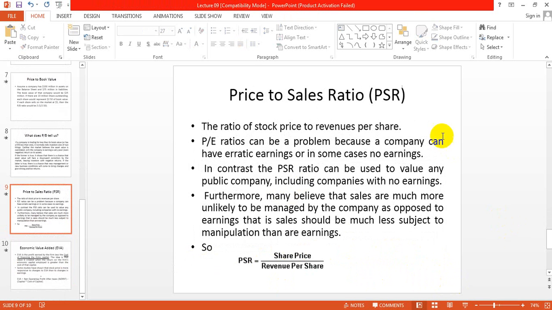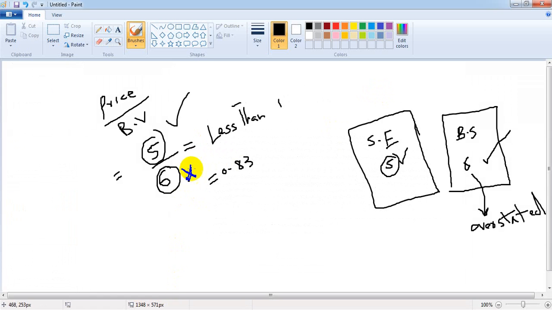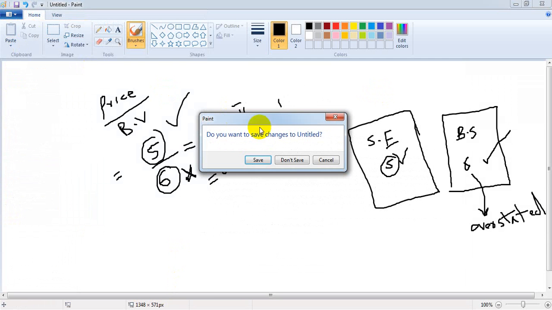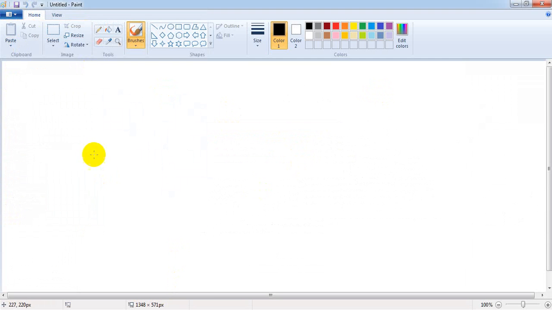Price to sales ratio, PSR. In the price to earning ratio, there is a problem. What is the problem? If earning is zero, or earning is negative, you can't calculate it then.